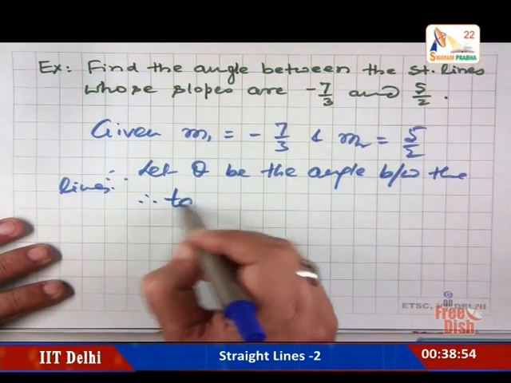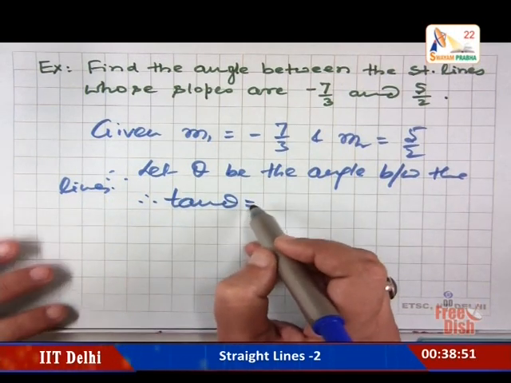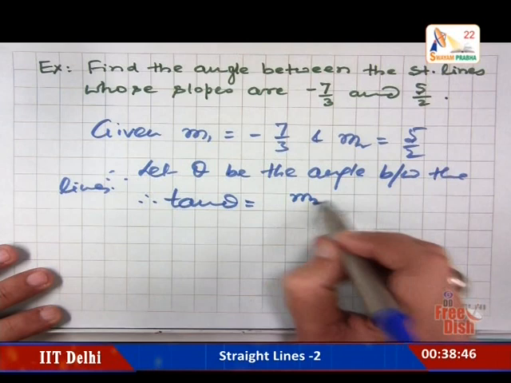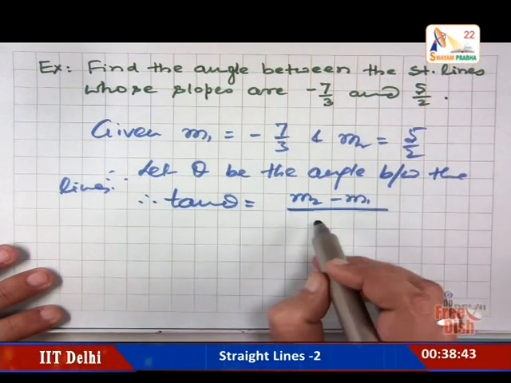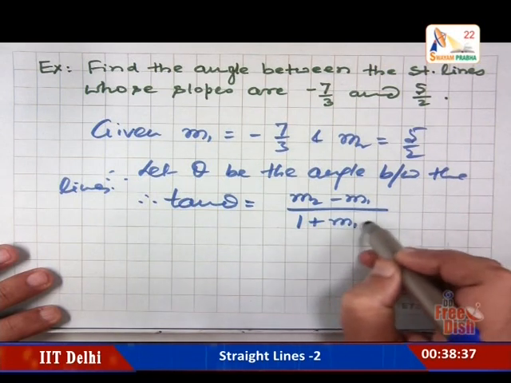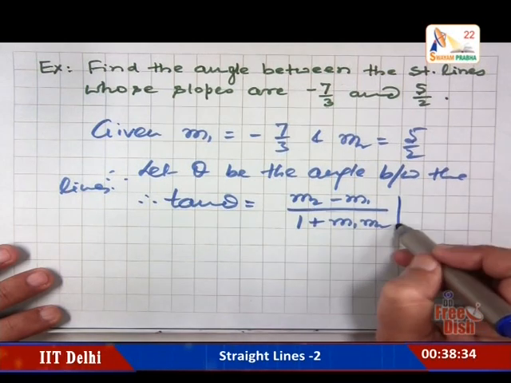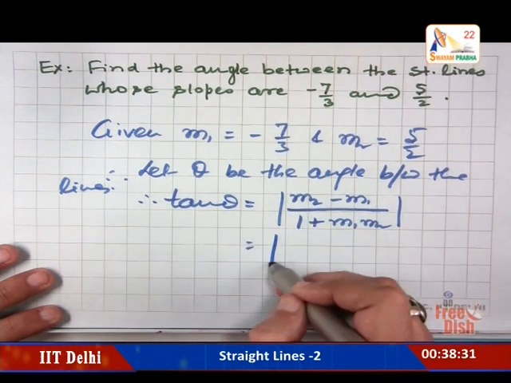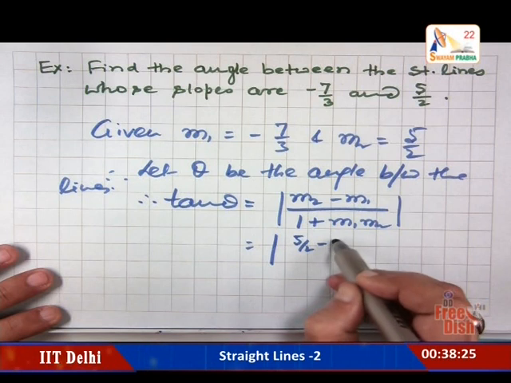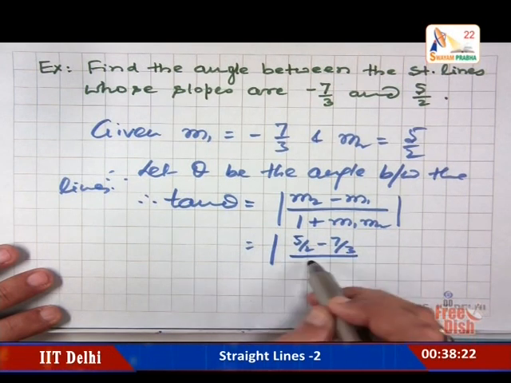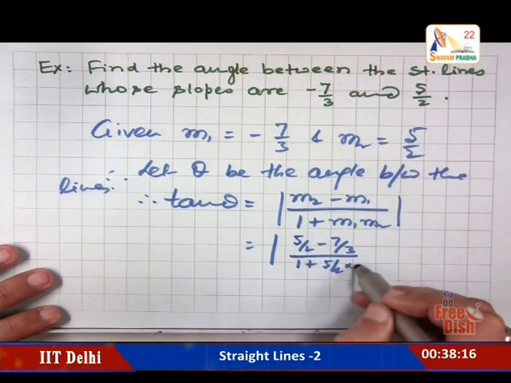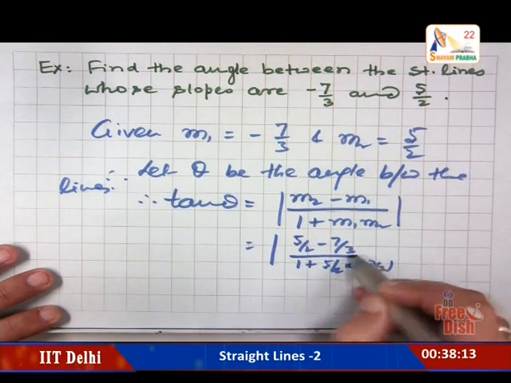So tan theta is equal to mod of M2 minus M1 by 1 plus M1 M2. So mod of 5 by 2 minus minus 7 by 3 by 1 plus 5 by 2 into minus 7 by 3.